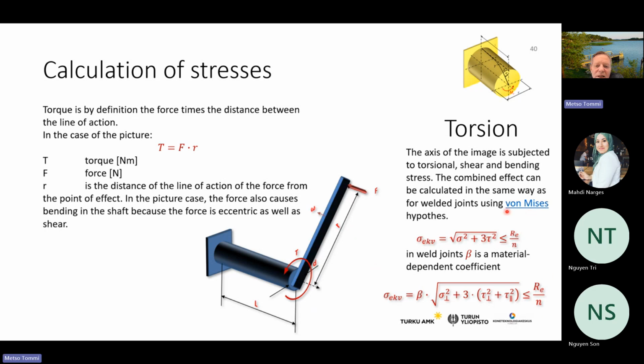This is the von Mises hypothesis. You can calculate when there is simultaneously bending and shear in two-dimensional shear, or here is just normal force and shear force stress. How to combine those.